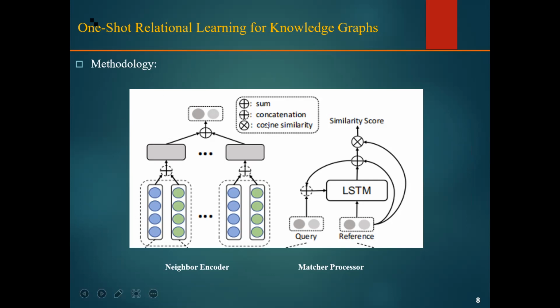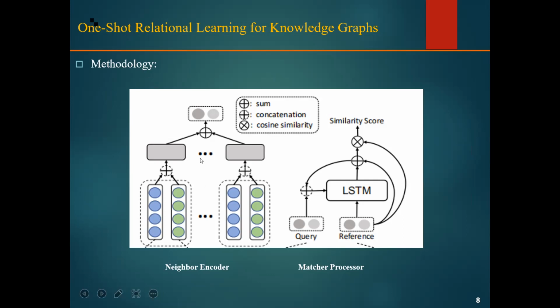The methodology is based on two parts. First, we have the neighbor encoder. Second, we have the matching processor. The model we use is based on the entity embeddings and the local graph structure. First, the entity embeddings we use come from the predefined models.